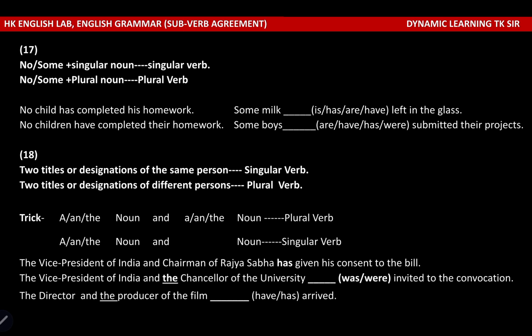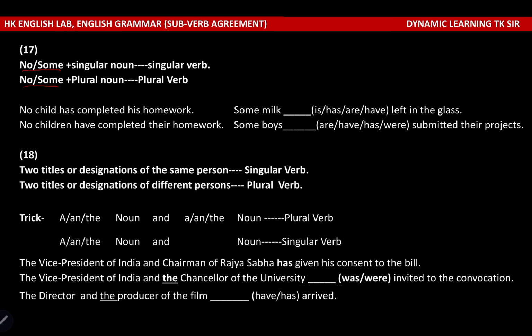Next, 17. If you have no or some, I have told you that before this page we discussed about some. If some comes before a plural noun, then it always takes the plural verb. But as you know, sometimes it is used for the uncountable noun also.